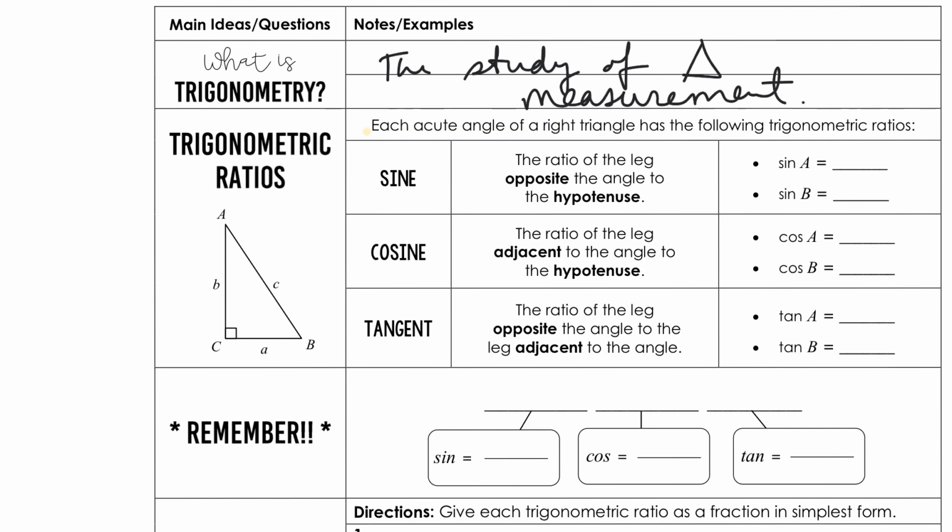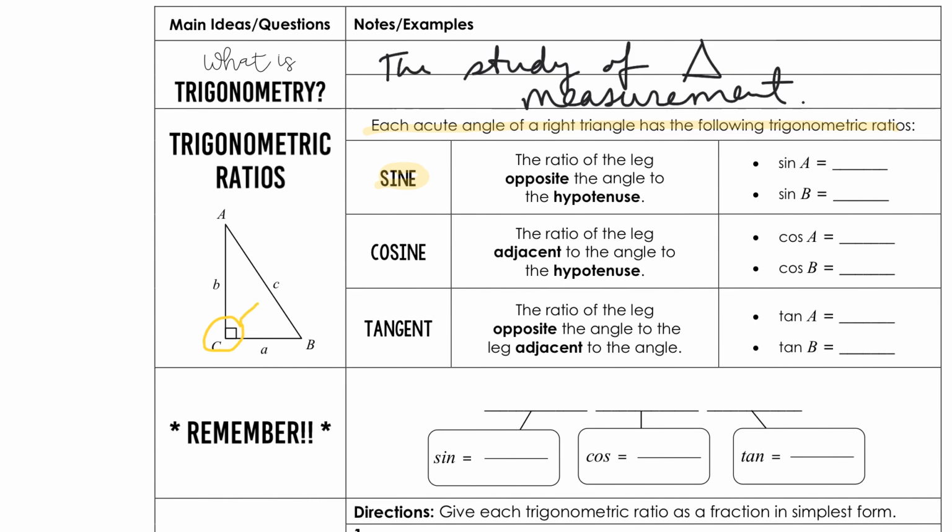If each acute angle of a right triangle has the following trigonometric ratios, then sine, S-I-N-E, the sine is the ratio of the leg opposite the angle to the hypotenuse. Now let's back up just for a second. Understand, when we're talking about opposite, we're always talking about across. So if I'm looking here at my angle C, that is a right angle.